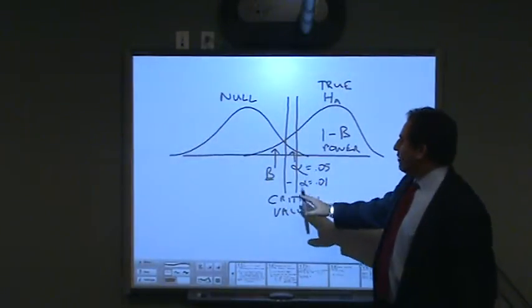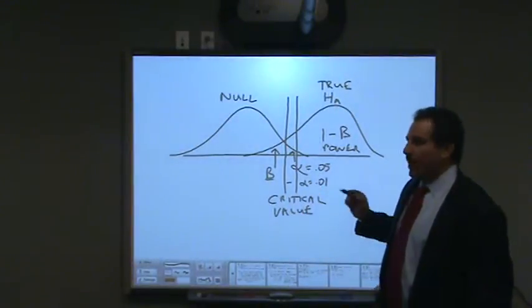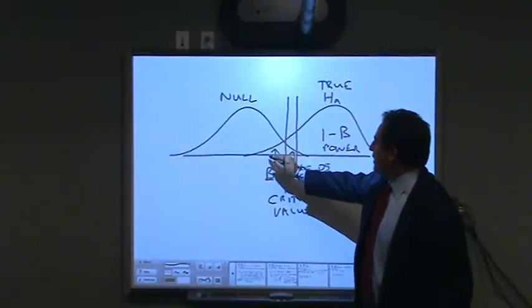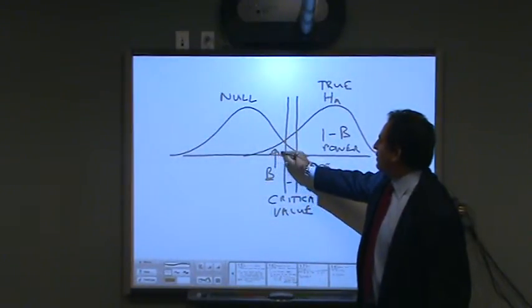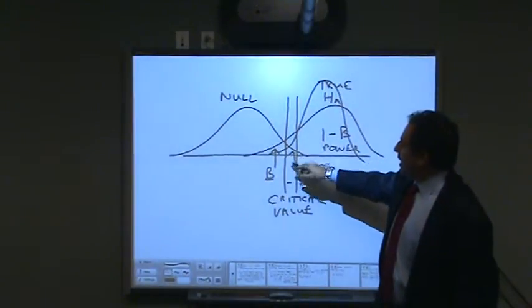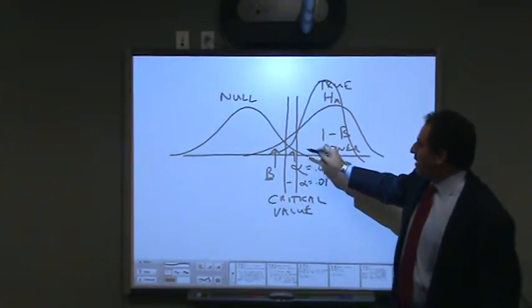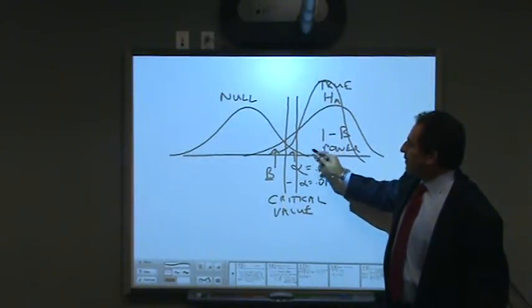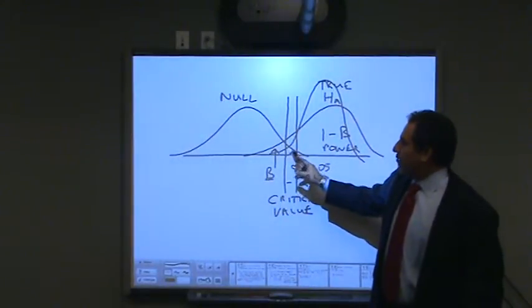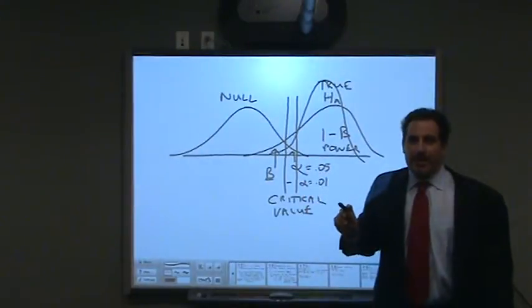If we keep the critical value at 0.05, but we increase the sample size, what that does is it pulls this graph up like this, and I don't know if that's going to be clear from the way I've drawn this, but what's happened is, even though I've left the critical value cutting off 0.05 of the curve, I've drastically reduced beta.